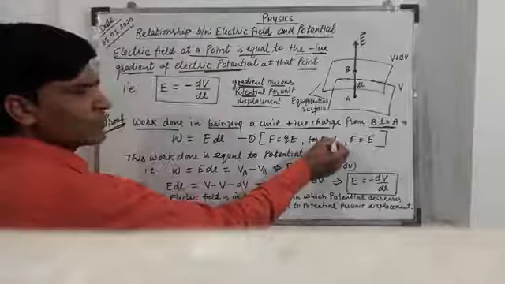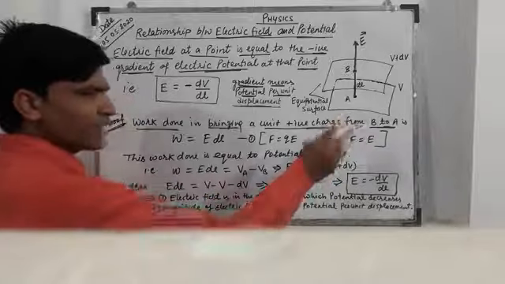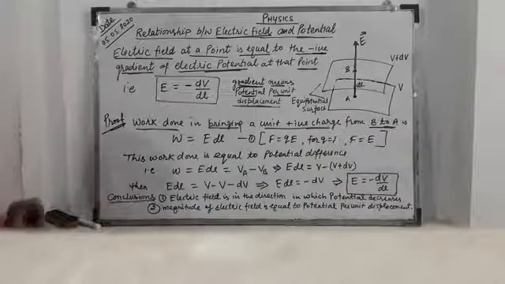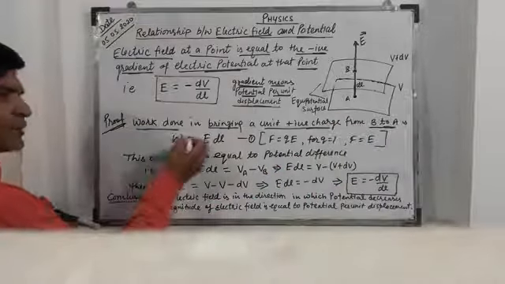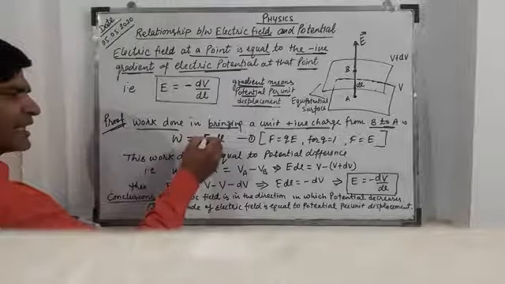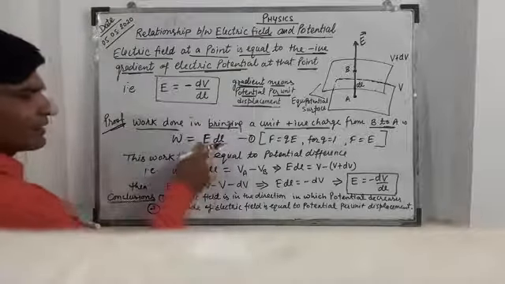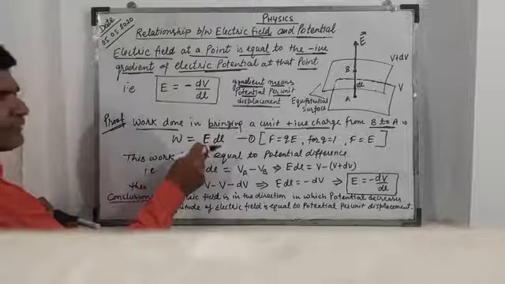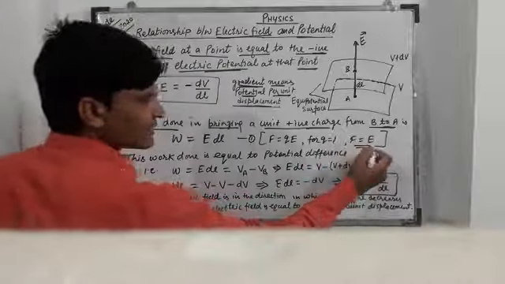For Q equal to 1, F is equal to E, the electric field. So here we get W is equal to E into dl, with E in place of F.